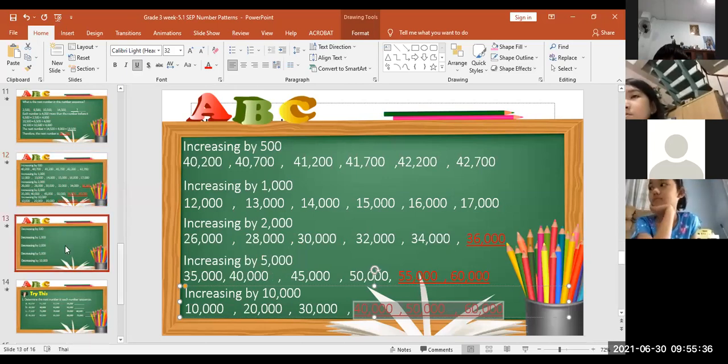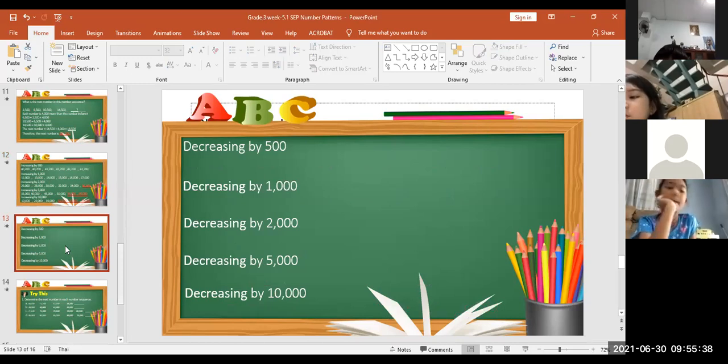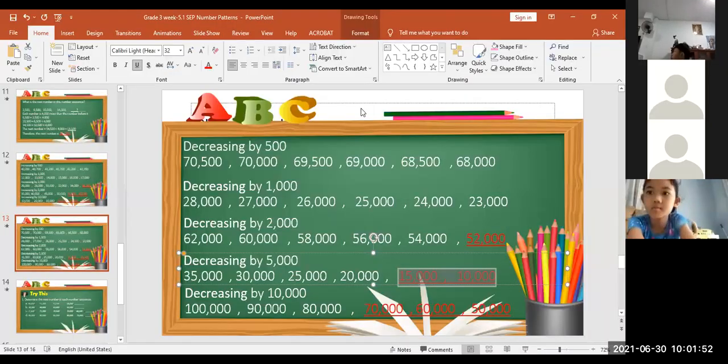Here, this one is decreasing. So this is decreasing by 500. This is minus 500. Decreasing by 1,000, decreasing by 2,000, decreasing by 5,000, and decreasing by 10,000. Okay, very easy.